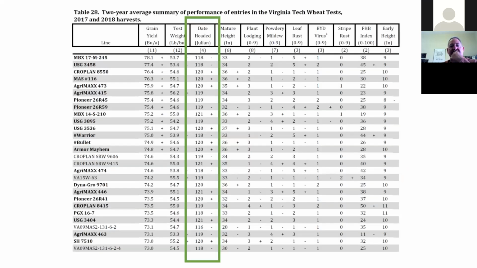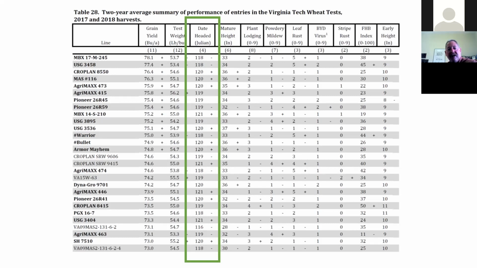Next thing I wanted to hit was something related to variety selection. Obviously, all those variety selection decisions have already been made. But one of the things we can still do is manage our variety maturity and planting date combinations so that we have wheat that's ready across a range of a week or two in the springtime. That helps reduce the harvest burden significantly, and it also decreases the risk of any single event, like a late freeze, damaging the entire crop.